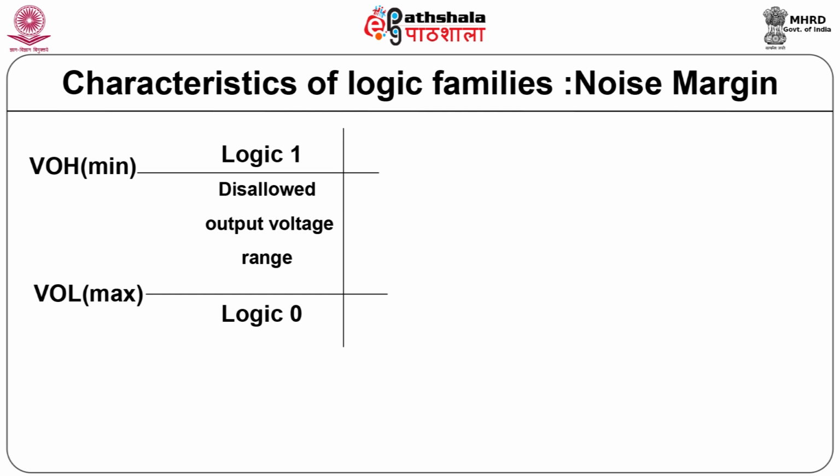On the slide, you can see the values of VOH min, that means the minimum output voltage which is referred to as high, that is logic 1, and maximum output voltage which is referred to as low, that is logic 0, and the range between VOH min and VOL max is the disallowed output voltage range.